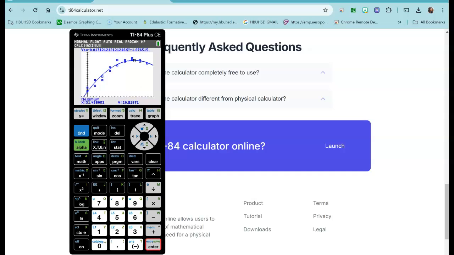It looks like 3.44 is the x. If I read more decimals, the calculator says 31.438052. That's the x, and the y is 20.81571.